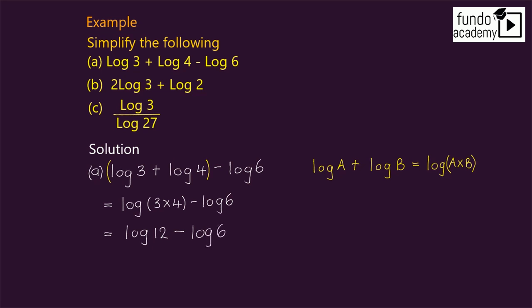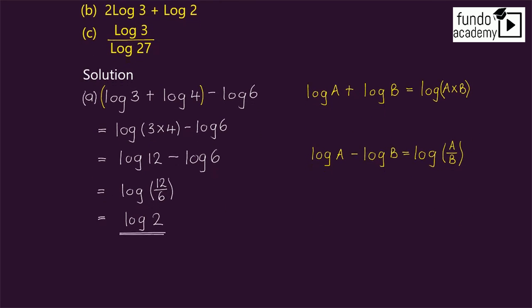Here we can use the second law, which stated that log a minus log b is equal to log a over b. So log 12 minus log 6 is log 12 over 6. And 6 into 12 is 2, so our solution comes out as the logarithm of 2. So that's our solution on part A.